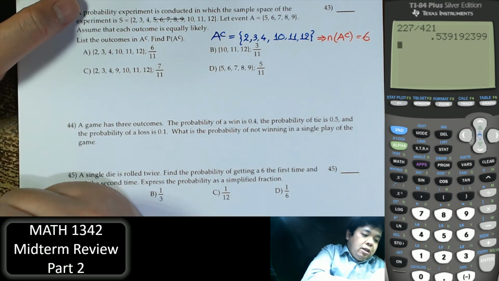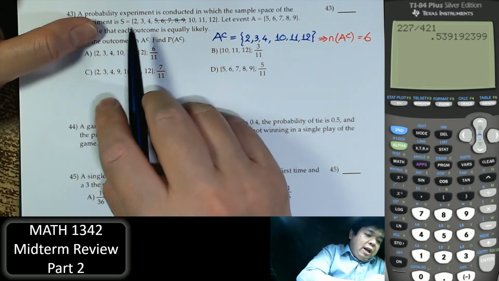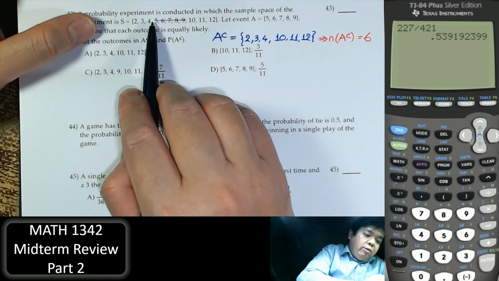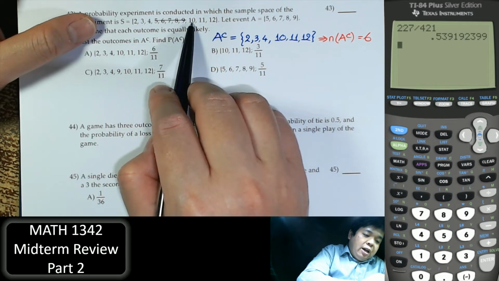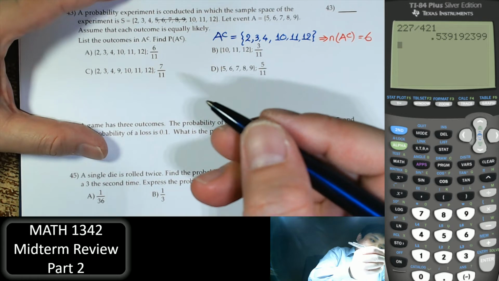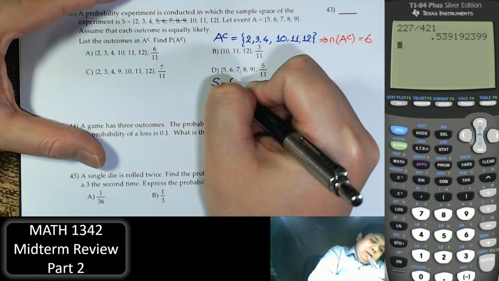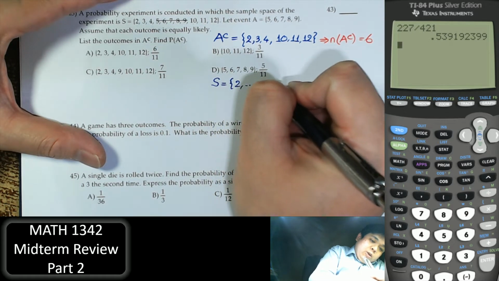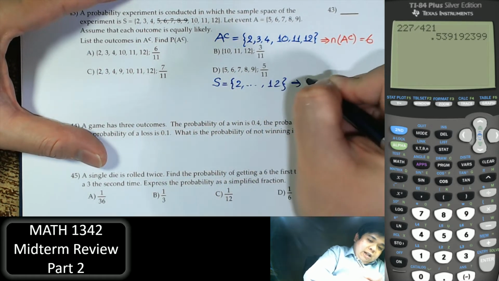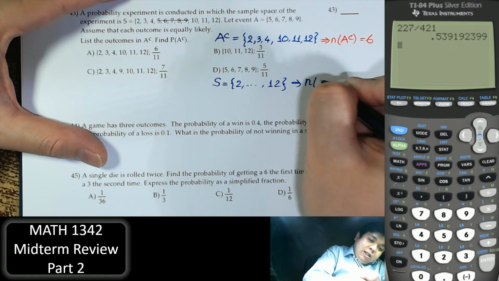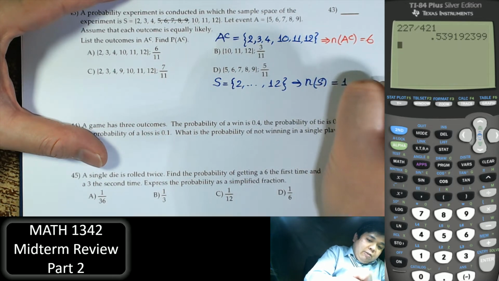Now, in the sample space, how many do we have? 1, 2, 3, 4, 5, 6, 7, 8, 9, 10, 11, to 12, and there are 11 of them.